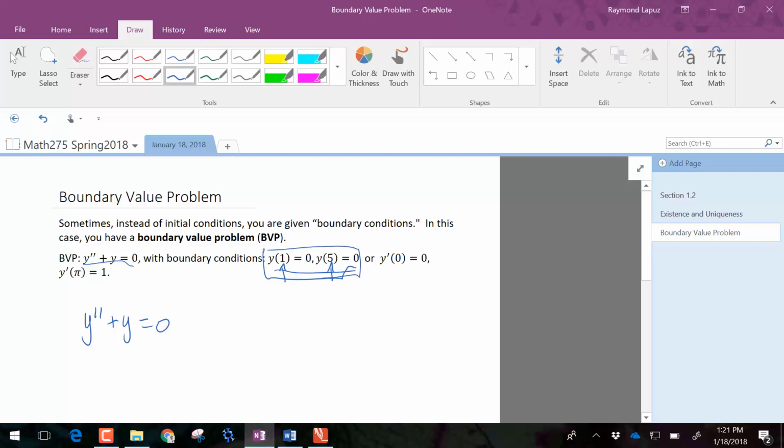The boundary conditions can be given as a function or as a derivative, or actually technically it could be given as a mixture of the original function and the derivative. So solving for this, the process will be close to being the same.